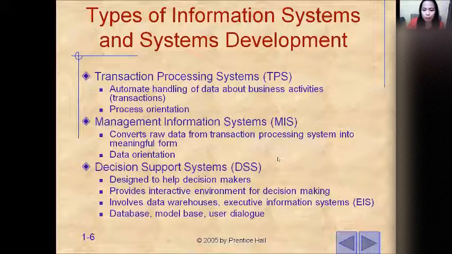So in the decision support system, it is designed to help decision makers, provides an interactive environment for decision making, and involves a data warehouse, executive information system, database, model-based, user dialogue. Okay, based on the definition given here on the screen, can you give me an example of a DSS?